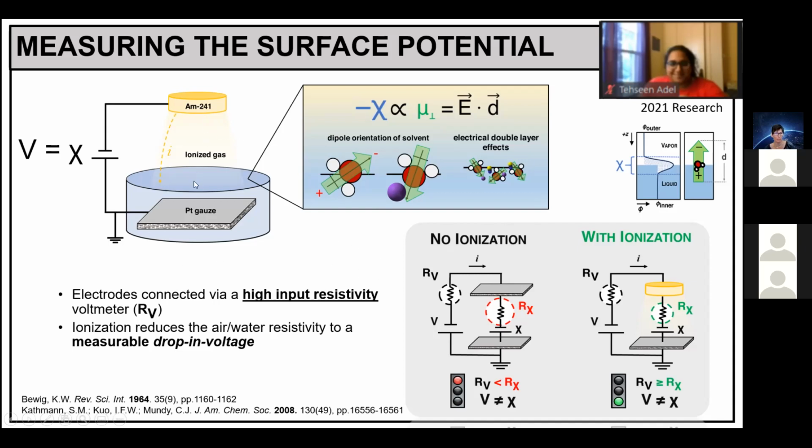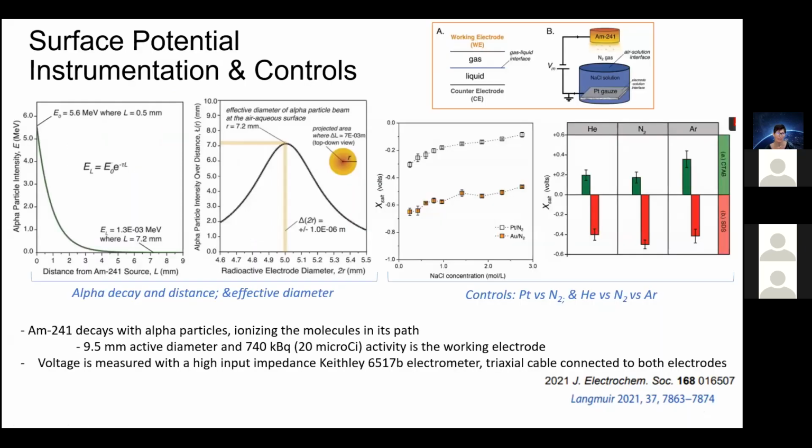Essentially, we're connecting a circuit, and we're looking at the inherent field from the air-water interface by connecting this circuit with ionization. So we need to ionize the gas in between. And when we connect that circuit, we measure with a very sensitive voltmeter potentiostat the surface potential, or the voltage. Not technically the surface potential, so the voltage.